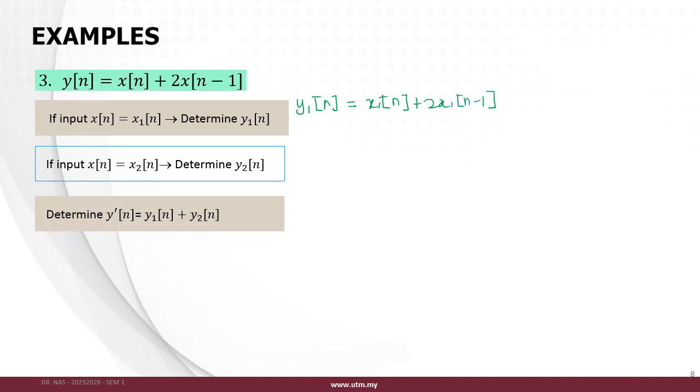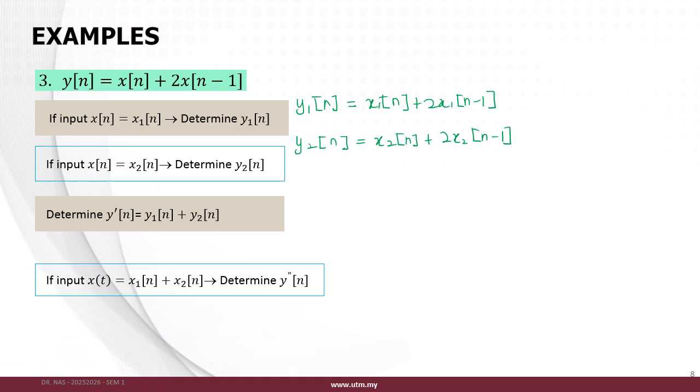Then determine y2. In this case, y2[n] equals x2[n] plus 2 x2[n minus 1]. The third one, add them up. So y prime[n] equals y1 plus y2.